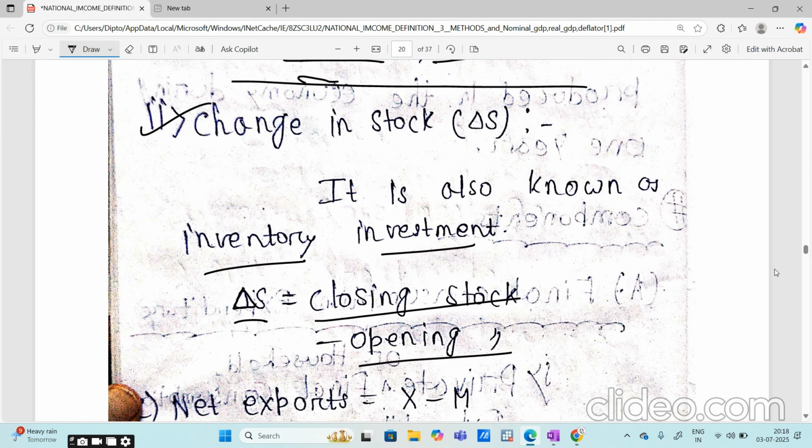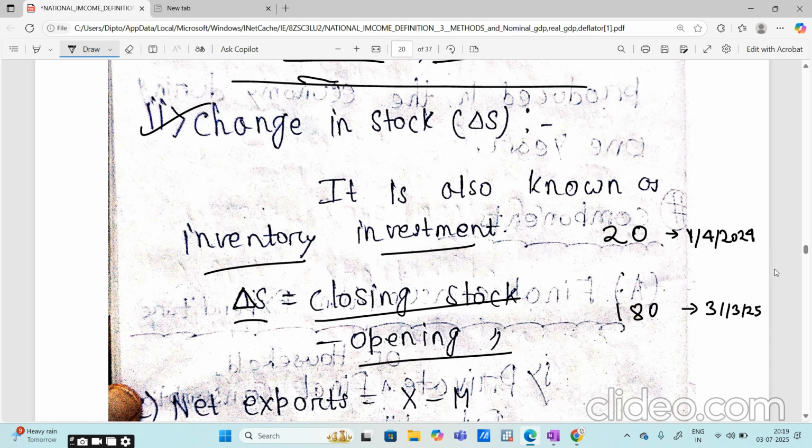So suppose I have opened the production process with 20 products on 1st April 2024, and when the financial year was coming to an end on the 31st March 2025, my stock is 180.